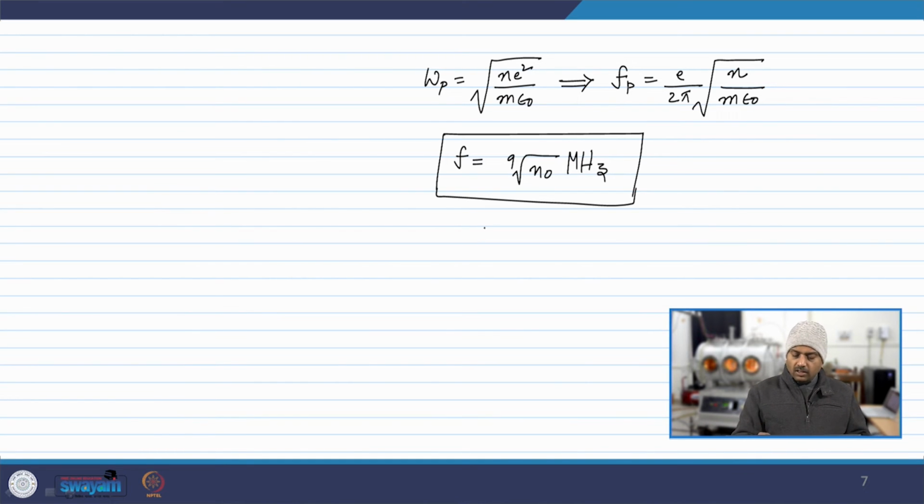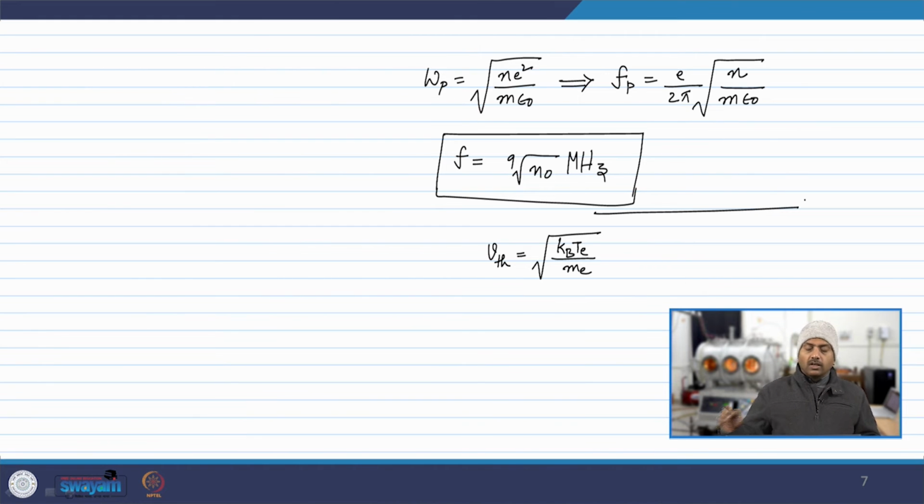So, let us say there is some thermal velocity of the particle, which we write as V_th, the thermal velocity of particle is square root of k_B T_e by m_e, where k_B is the Boltzmann's constant, T_e is the electron temperature, and m is the mass. Okay. What are we doing? We have so far just substituted and got an expression for the plasma frequency. The thermal velocity is this.